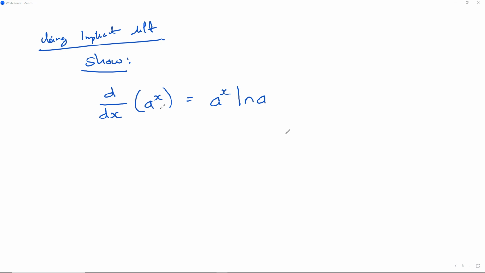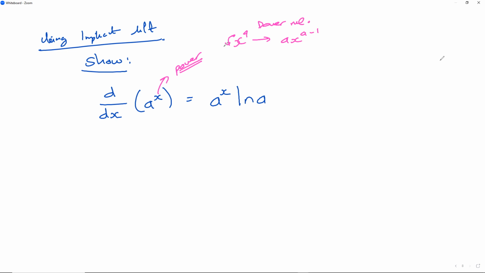How do I derive, firstly, x as a power? We know x to be the base, we can easily derive that. That's a x to the power of a minus 1. That's normal power rule. But now x is in the power, and these two have been swapped around.